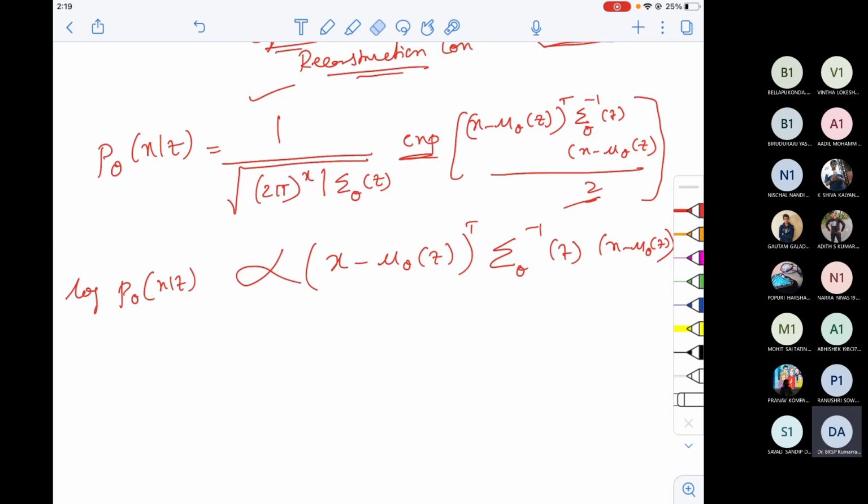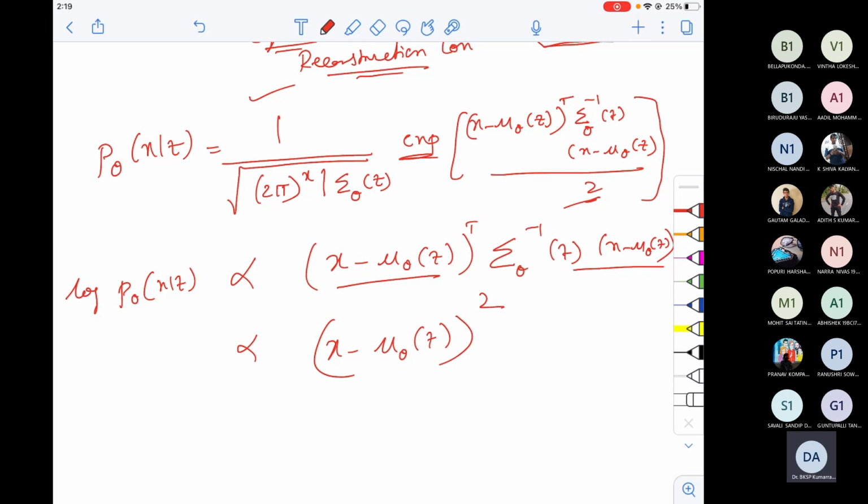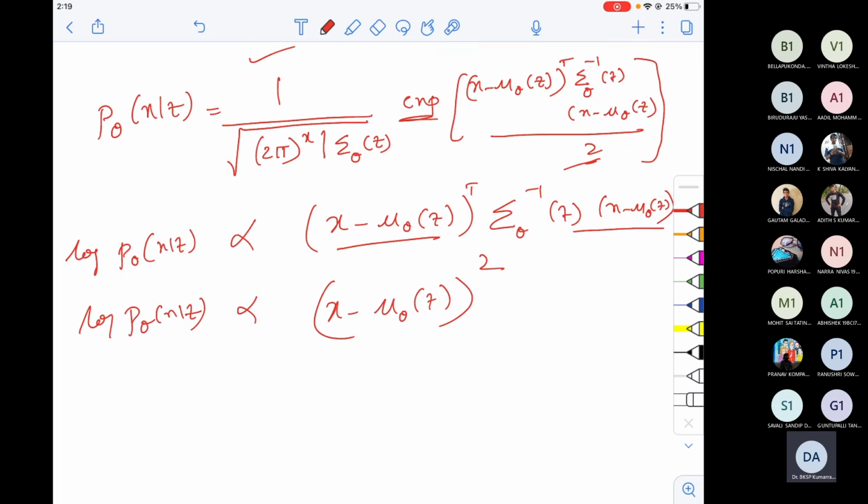Okay, so this is just directly proportional. Since these lead to a scalar value, I just multiply these guys. Then it is actually mu theta of z whole square. So that's the reason people call the first term not just the log reconstruction likelihood.